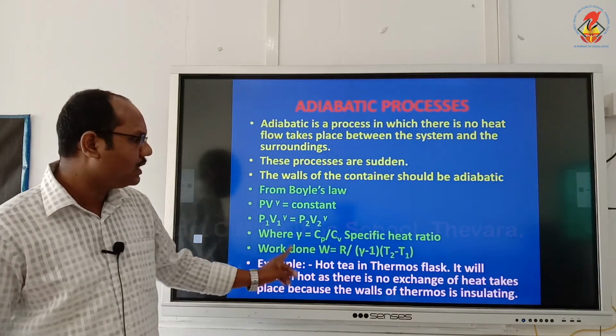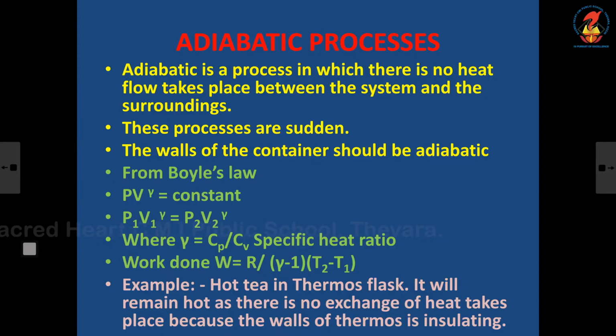Now what is the work done for the expansion in an adiabatic process? Work done to expand the gas adiabatically: W is equal to R by gamma minus 1 into T1 minus T2.